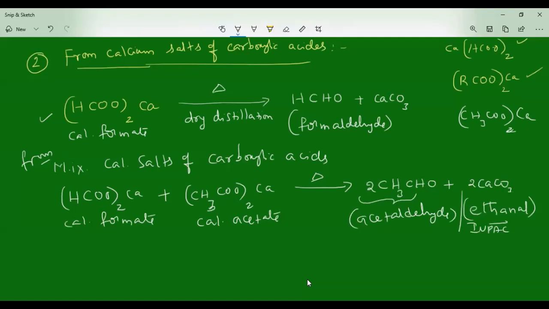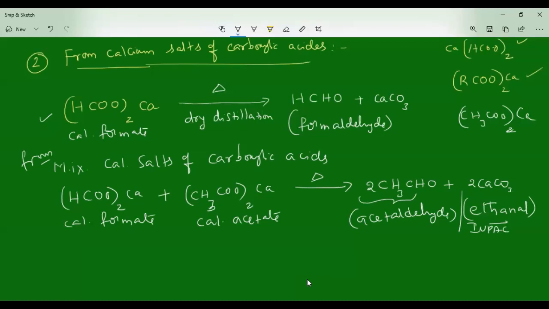If you take calcium salts of different carboxylic acids in general form, then you will be getting ketones.